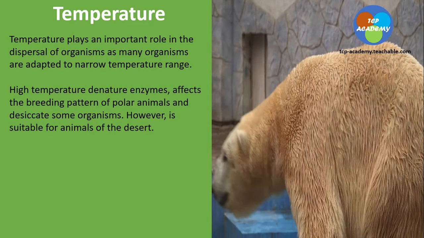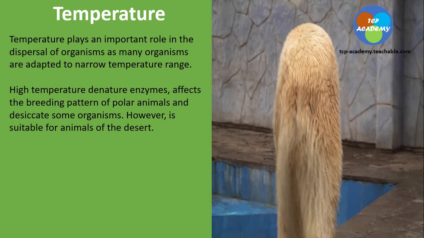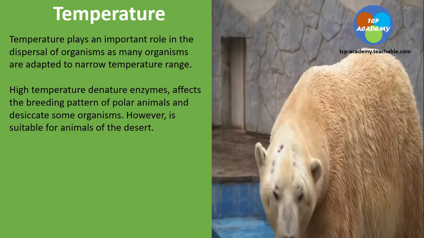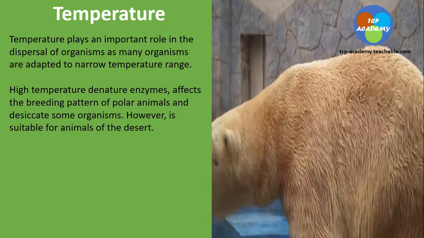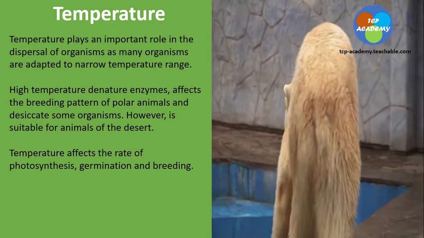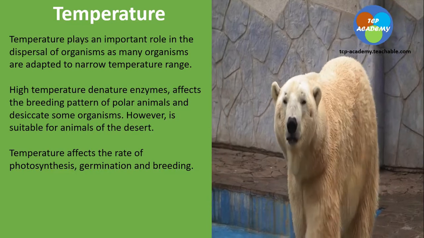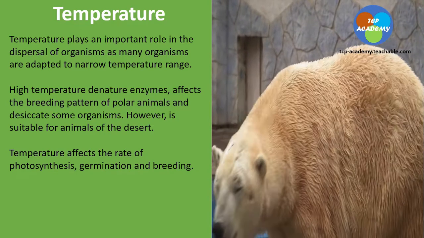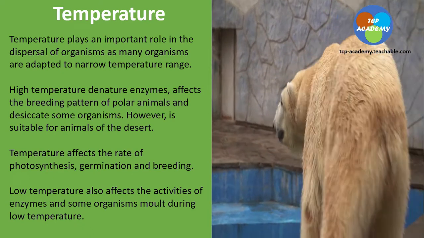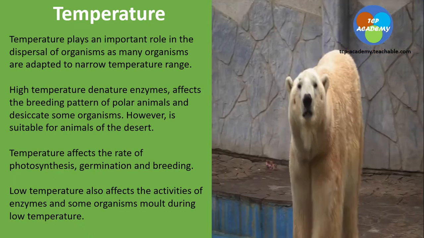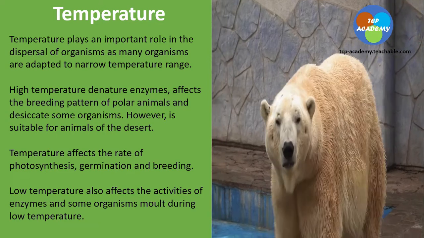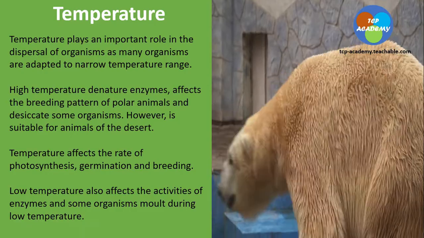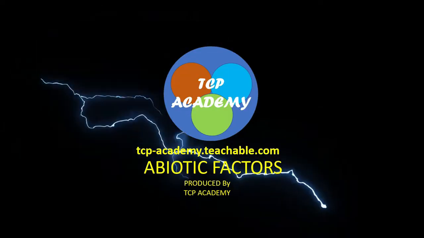Animals become adapted to particular temperatures and will do better in areas where these temperatures are facilitated. Temperature affects the rate of photosynthesis, germination, and breeding. Low temperature also affects the activities of enzymes, and some organisms molt during low temperature.